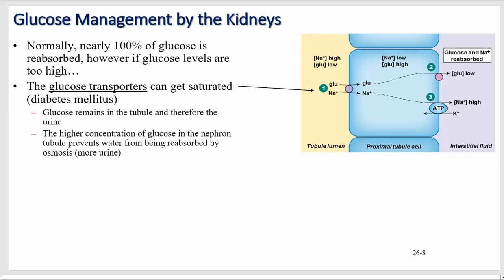Your body treats glucose like gold. It doesn't really let it out of the body. It's the energy source, what the mitochondria uses to make ATP. It's very important, so we want to bring it back in. Normally nearly 100% of glucose is reabsorbed.